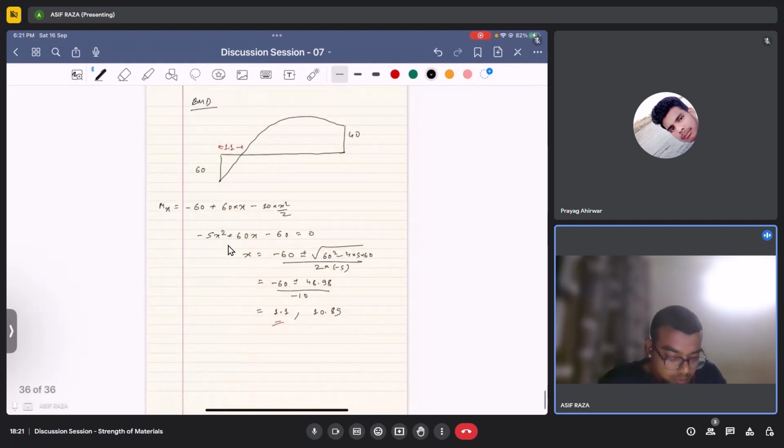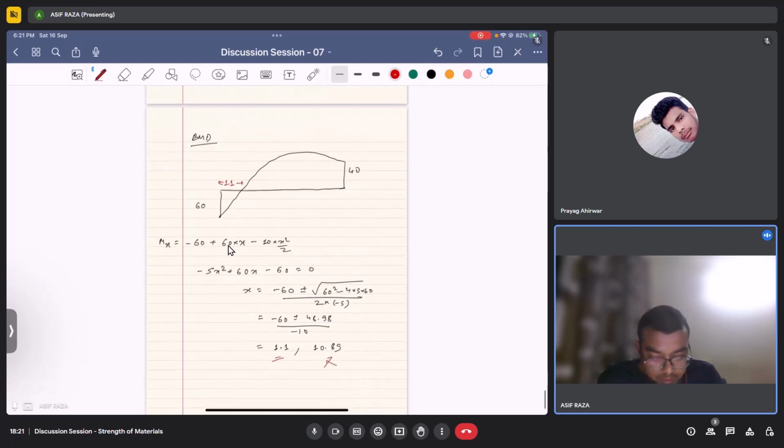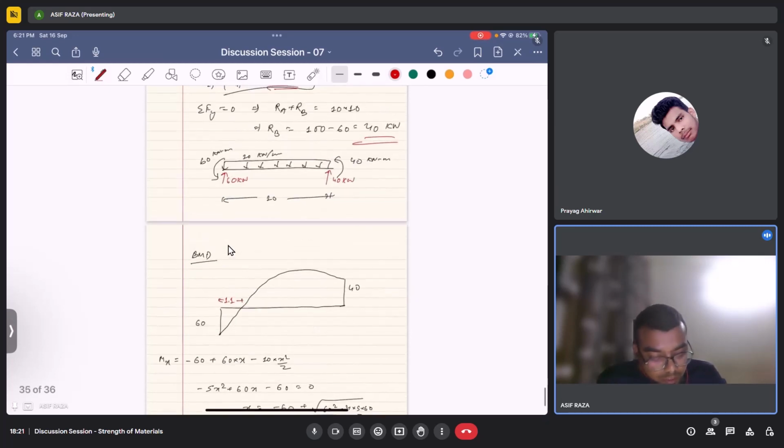The other value was 10.89, which is greater than the span of the beam itself, so that is not the correct one. So this trend will follow the quadratic nature, and till the support B there would be some values, then due to the concentrated moment at B, this will again make it to 0.